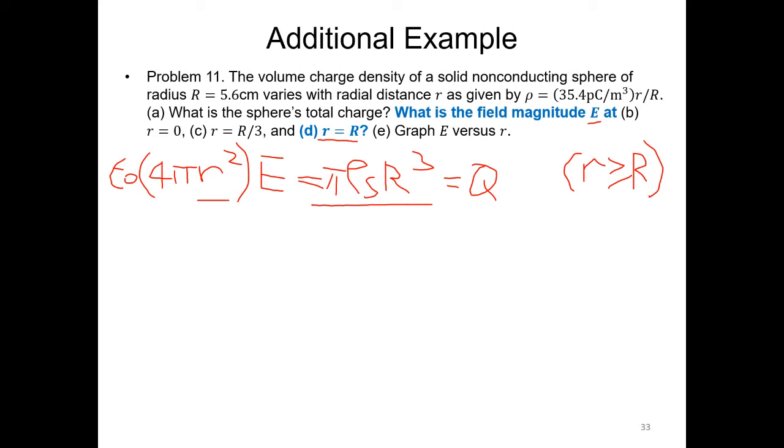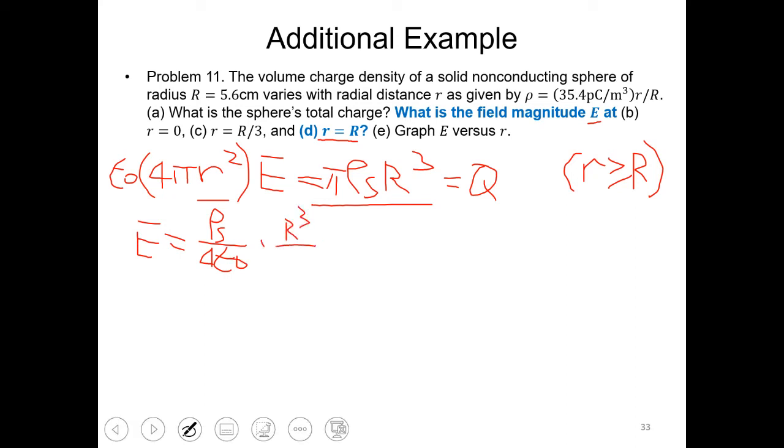Then we can find that E would be rho S over 4 epsilon naught times R cubed over r squared.